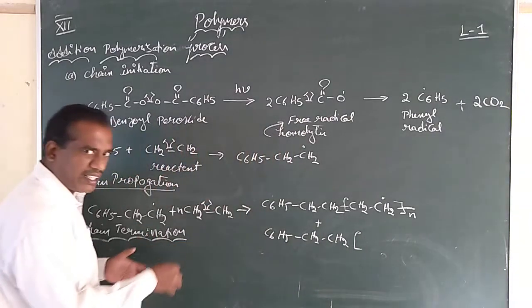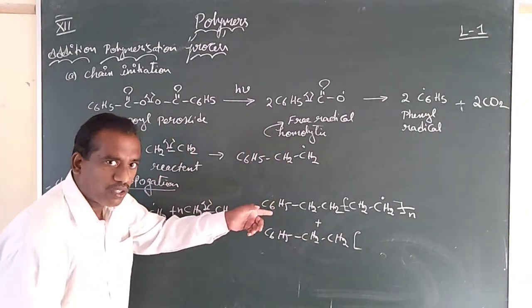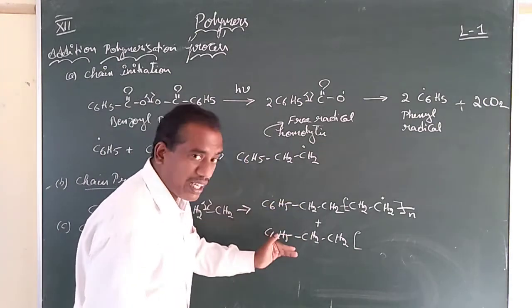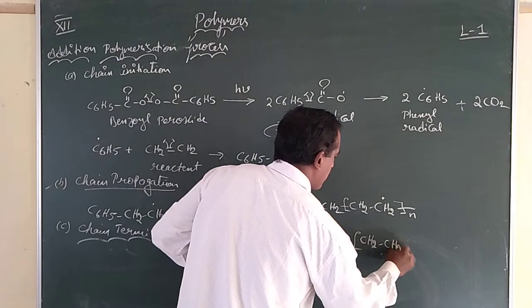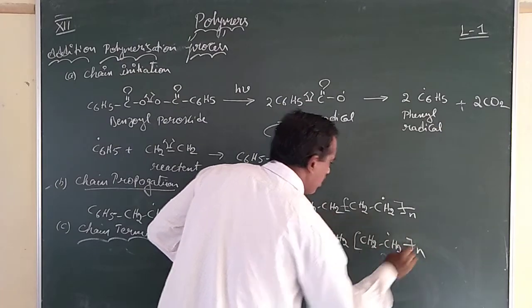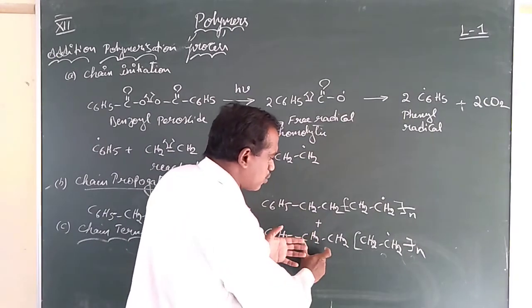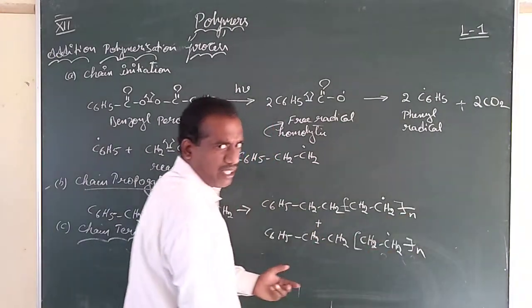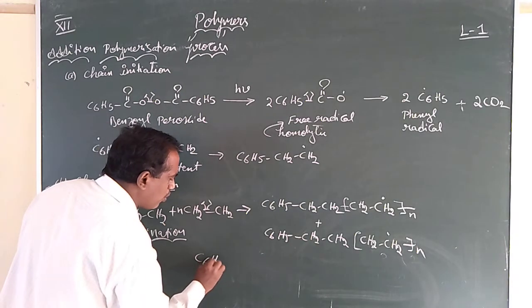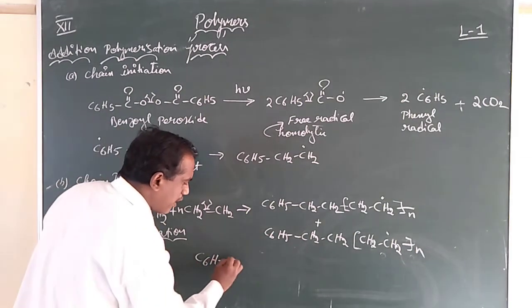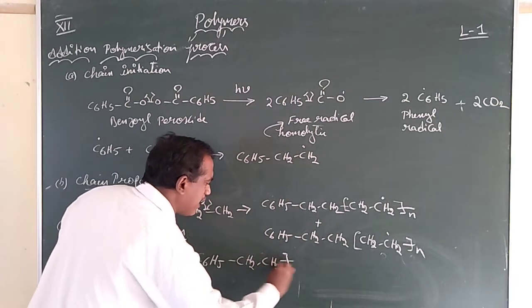In the chain termination, two similar molecules may combine with each other. When they combine, imagine many CH2 units repeating. Here one C6H5 is there and the CH2 units are repeating.